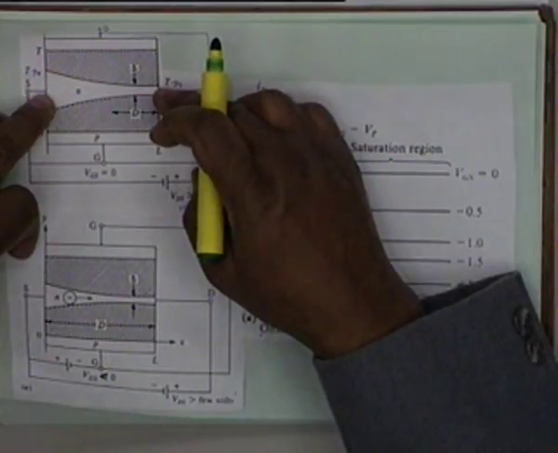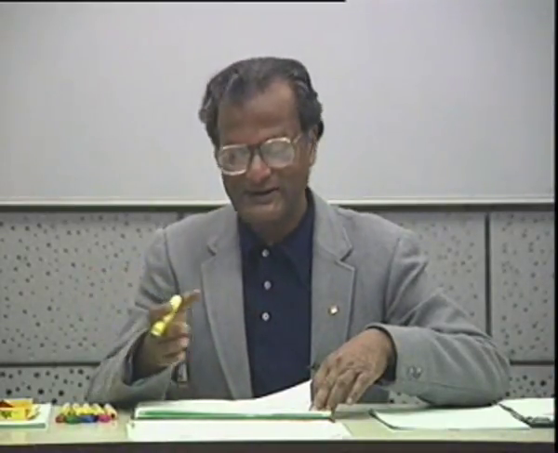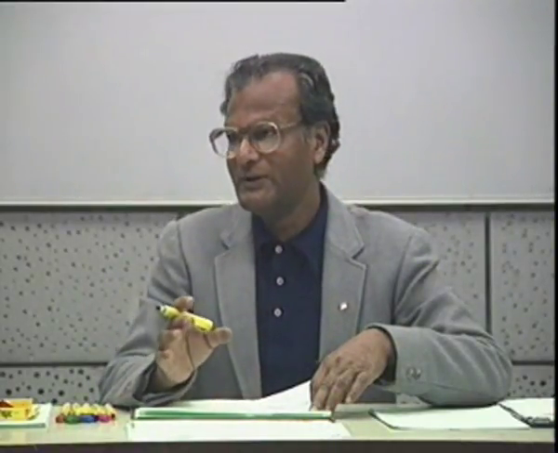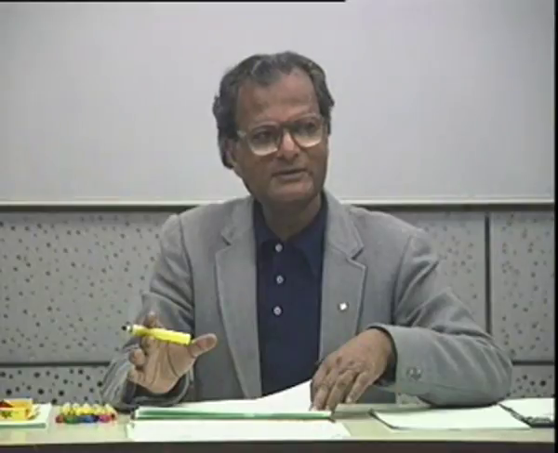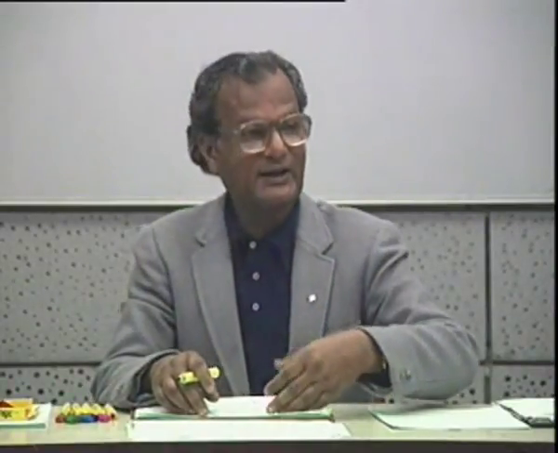The electrons, which are the carriers, acquire so high a velocity that they pass through the pinch off and get collected by the drain. Not only that, the velocity of electrons attains a saturation value due to collisions. The high field electrons, when they try to go over to the drain, they are in a hurry, they collide with each other, and this collision is a statistical phenomenon.